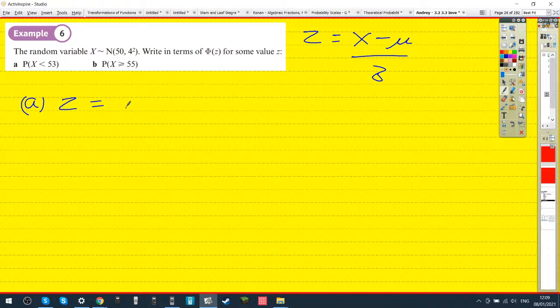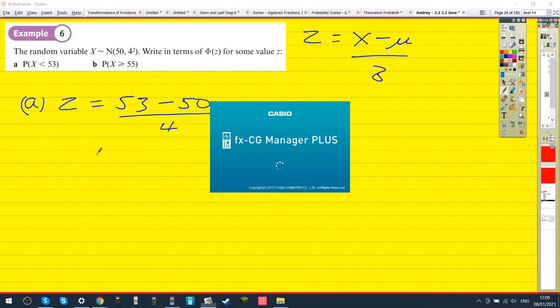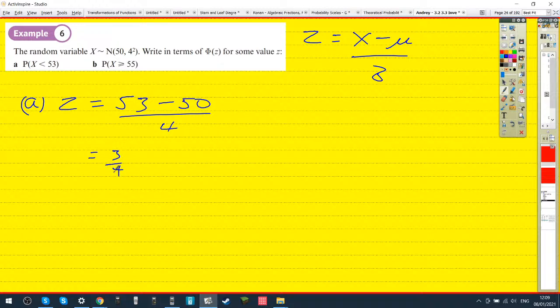X is 53, minus the mean, which is 50, and then that will be 4 at the bottom. So what do you get there? 3/4. So the z value is 3/4.